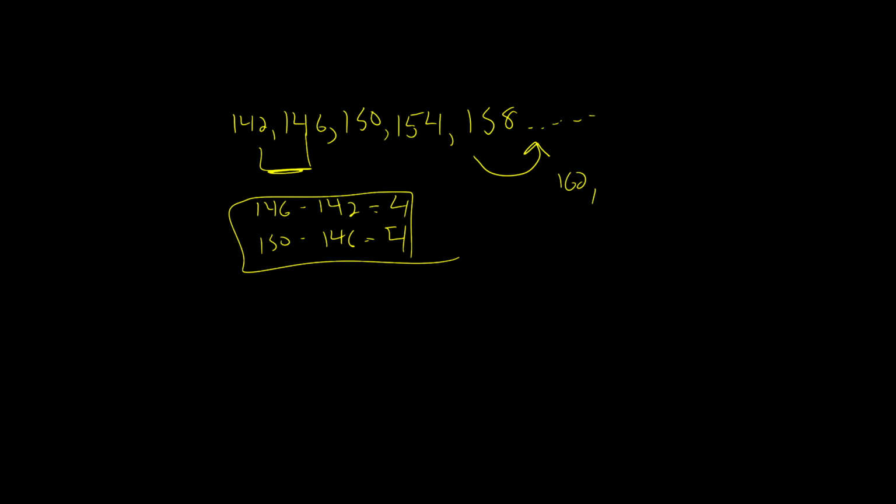And I actually have a way of generating multiple terms. In fact, I start with 142, right? And I add to it 4 times n minus 1, right? If this is the first term for n, and this is the second term. But I might be able to do some of this better.